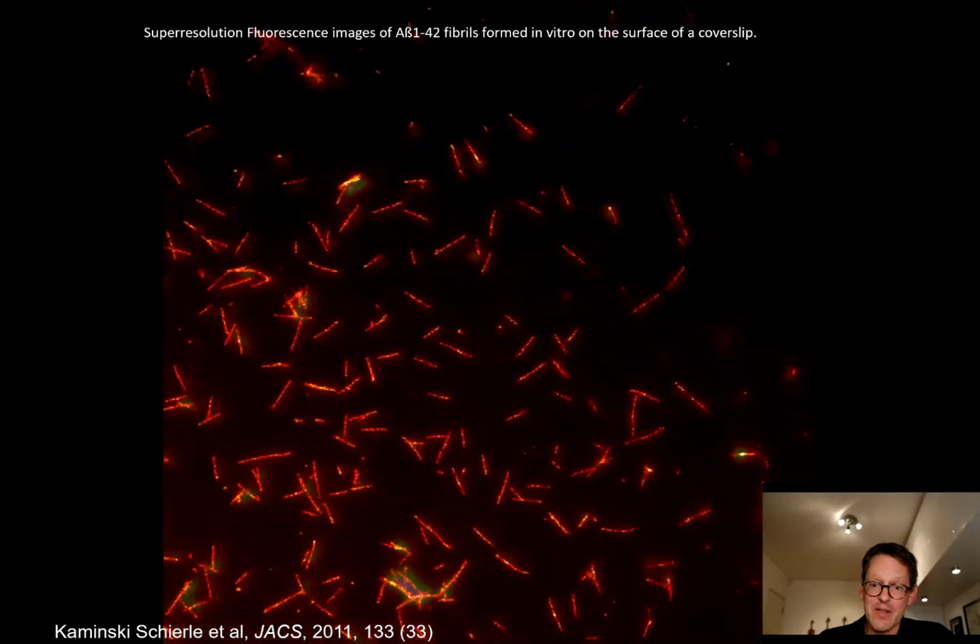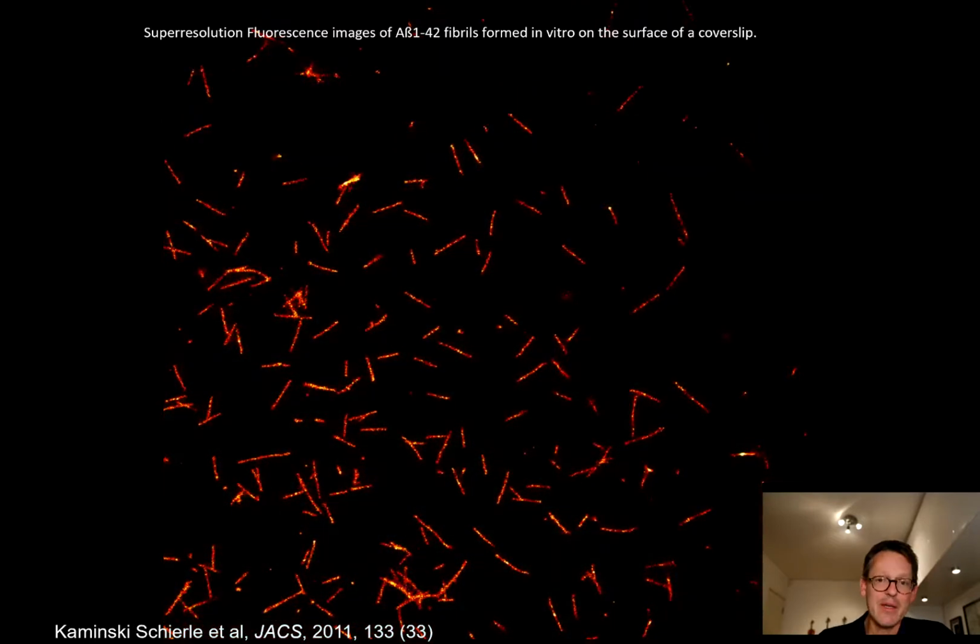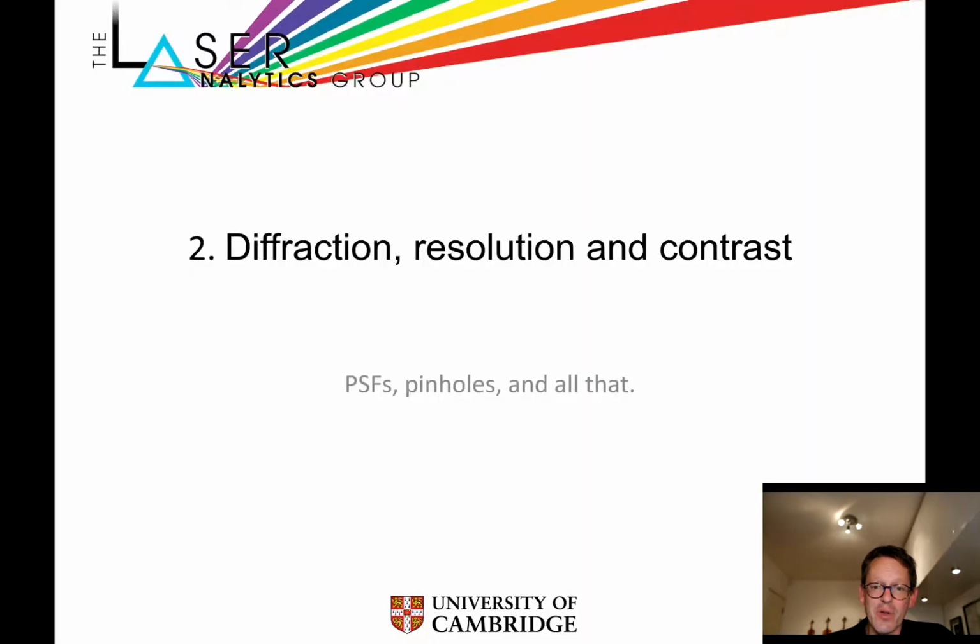And you can see the vastly improved, not only the resolution, but also the contrast of the image that you gain using super resolution methods, for which the Nobel Prize was only awarded about 6 years ago. So you see it's a fascinating field. You can see why I'm fascinated about it, because we can look now at life at the molecular level.